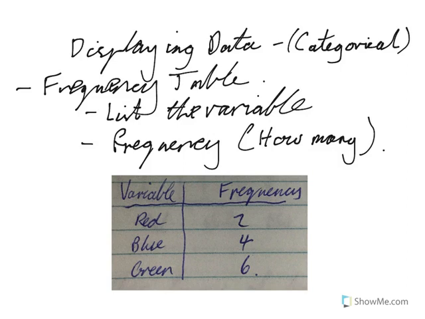So there's 2 red things, 4 blue things and 6 green things, whatever the things were. Now sometimes we can do this rather than just straight frequency. We can do it as a percentage frequency. So percentage frequency, we simply write the frequency as a percentage.